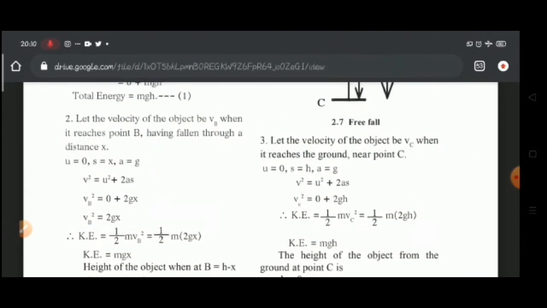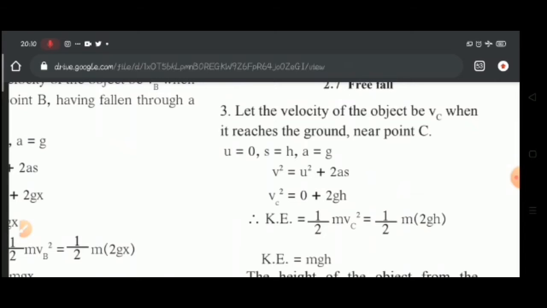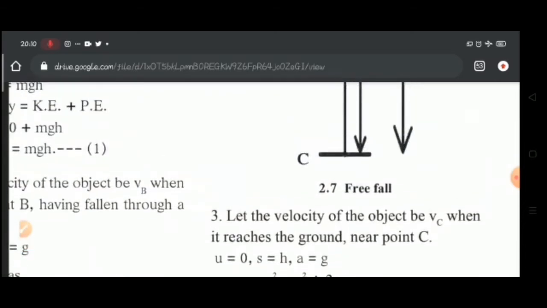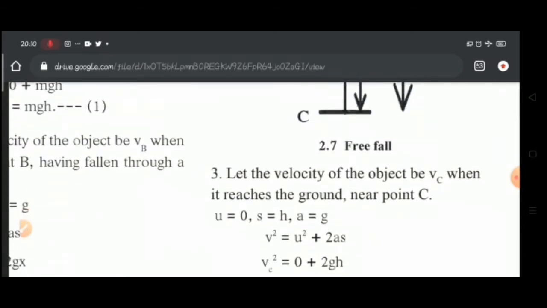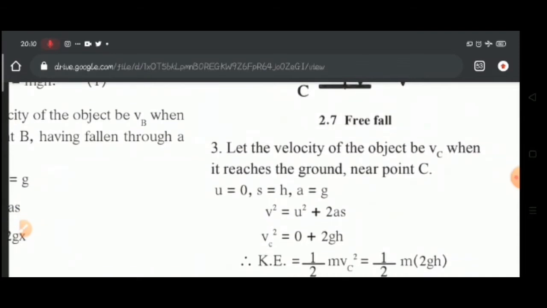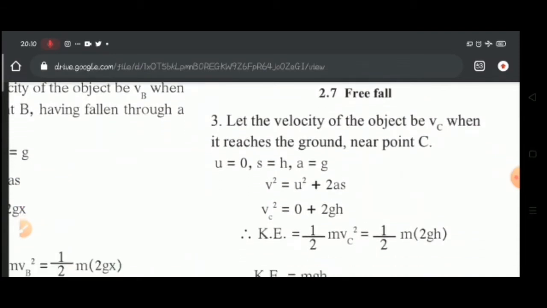Now let us consider the third situation in which our ball is, that is when it reaches the ground. Let the velocity of this object be vC when it reaches the ground near point C. In here the initial velocity is 0, the displacement is h, and the acceleration, as we know, is the gravitational acceleration.